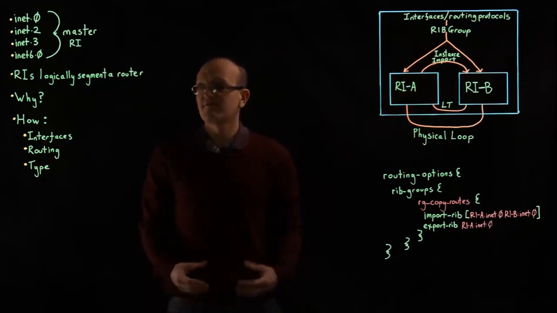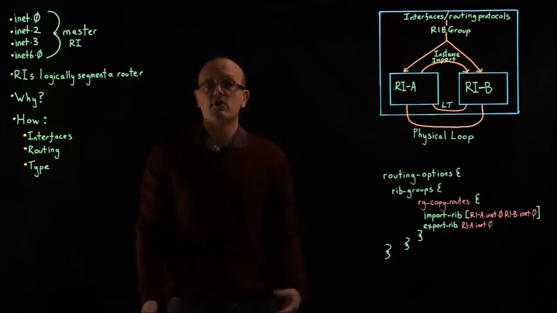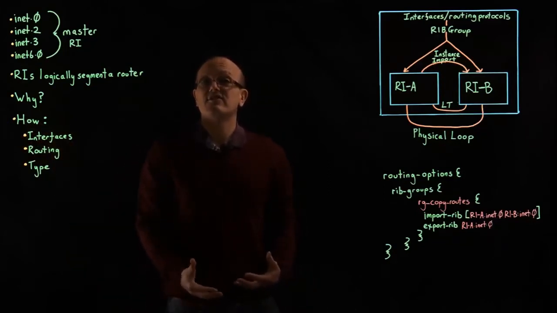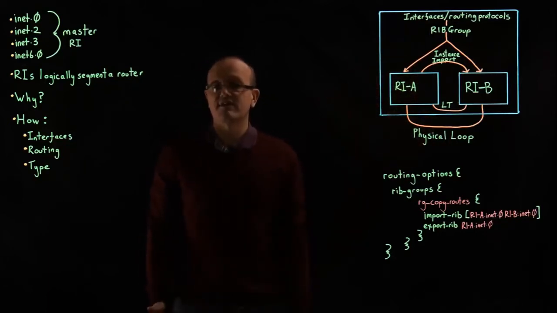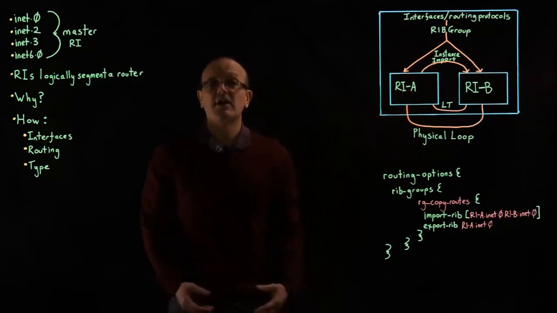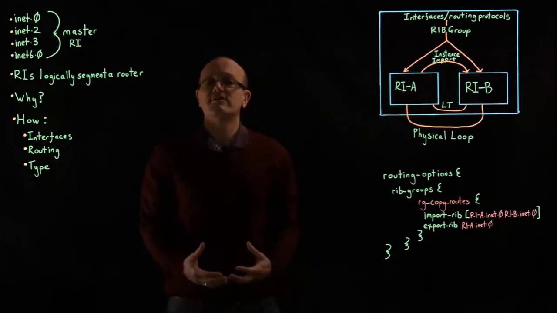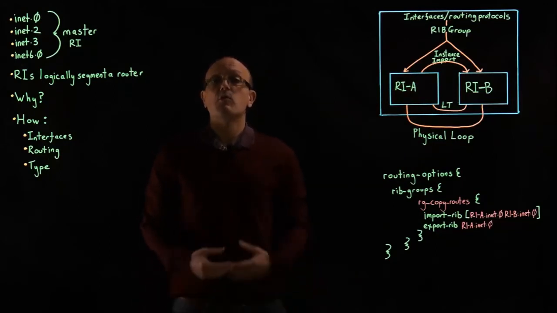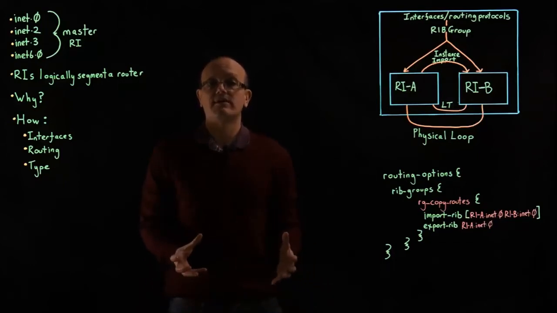We also need to configure routing in a routing instance. So we need to know the destination networks to which we're going to send traffic across those interfaces that we've associated with that routing instance. And you configure routing within a routing instance much like you would configure routing outside of a routing instance, just standard on a Juniper device.